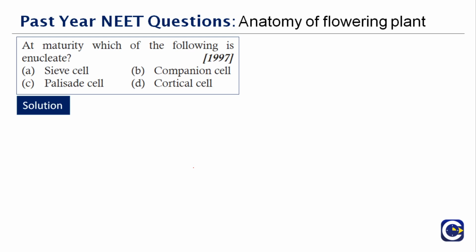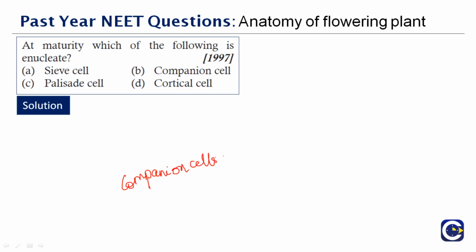If you had studied part 1, this would have been easy for you, because there we already saw that enucleate means removal, complete removal of the nucleus. So here enucleate is seen in the sieve cell. At maturity, all physiological functions of the sieve tubes take place with the help of, if you remember, we talked about companion cells.